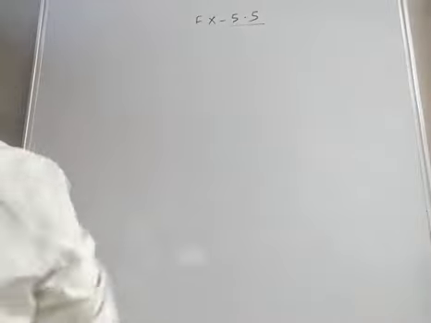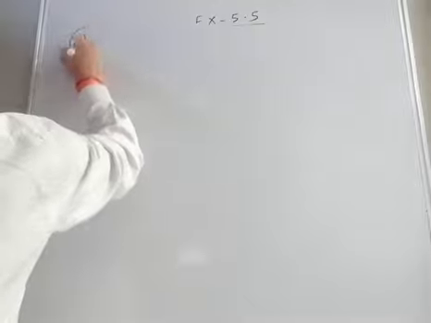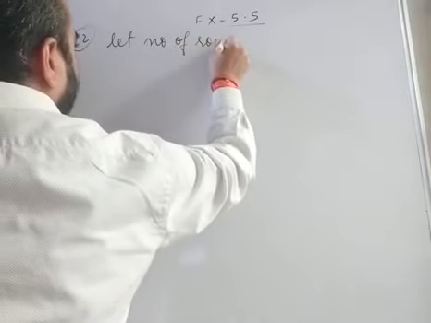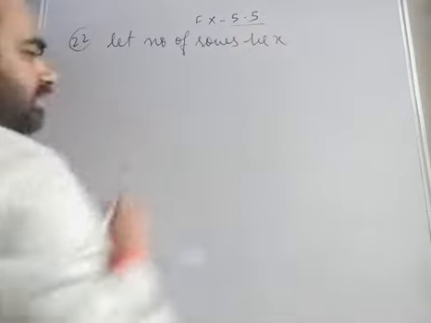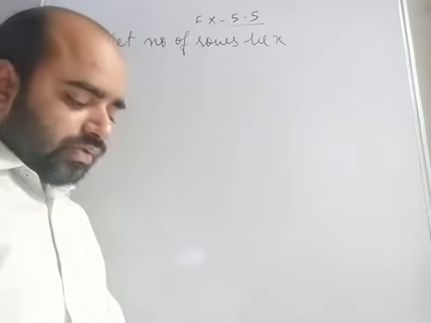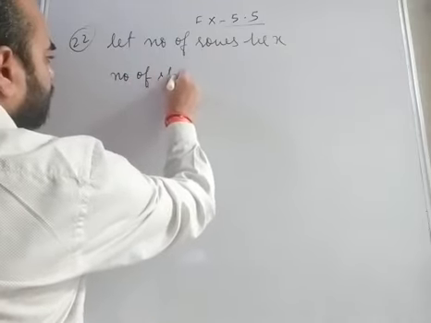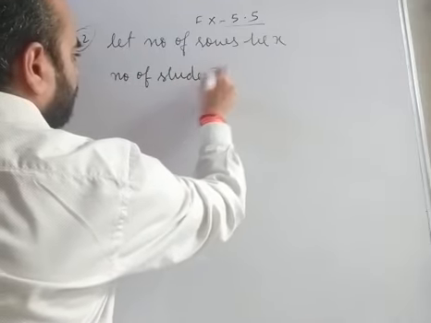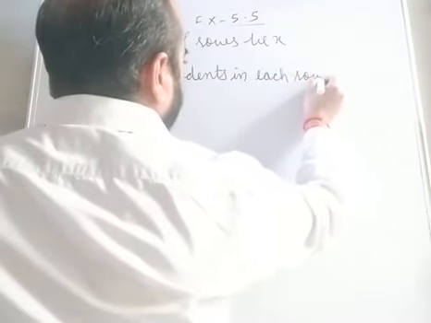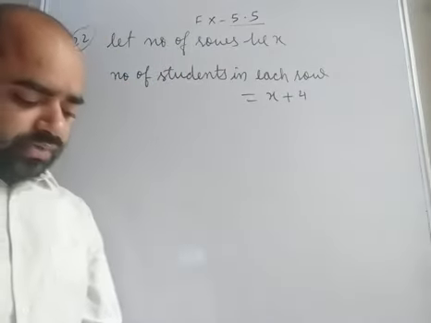It means, question number 22, let the number of rows be x. Correct? It means the number of students in each row is x plus 4. This is given. Correct?